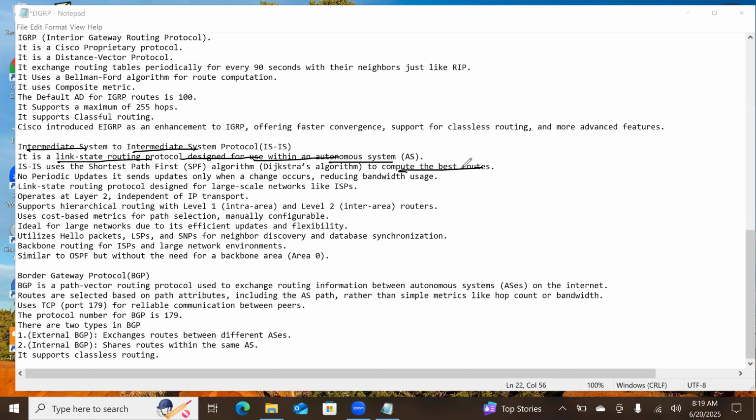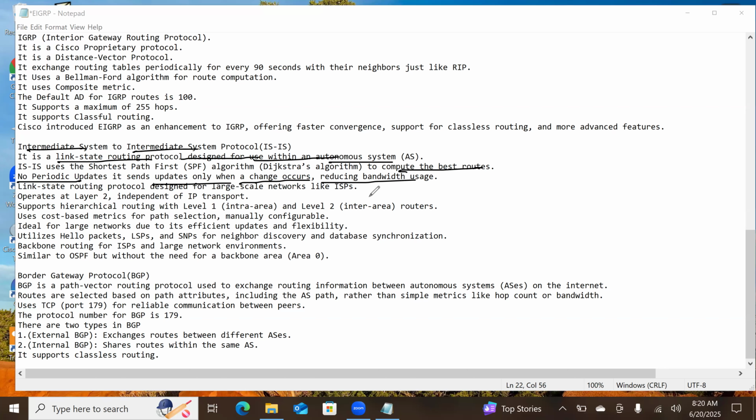And here also you don't get periodic updates, it gives triggered or incremental updates. It sends updates only when changes occur in the topology, reducing bandwidth usage. It's not like RIP.